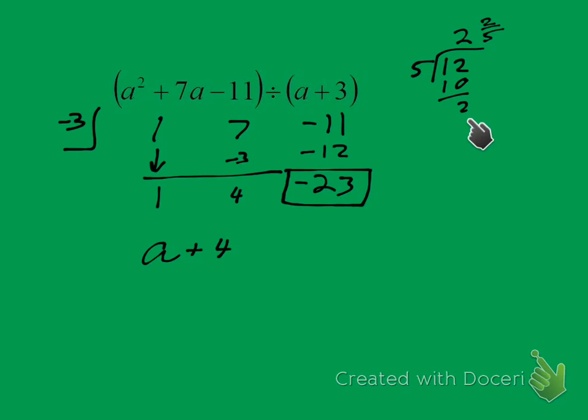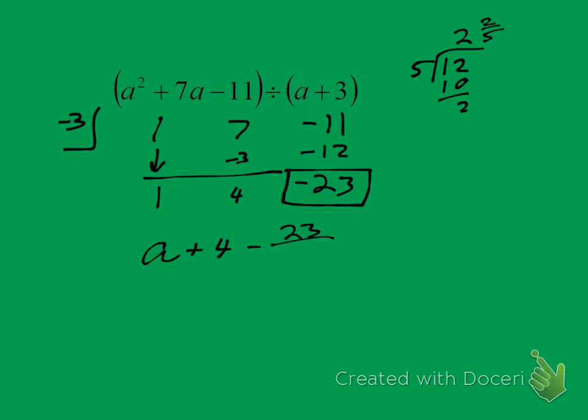Because your remainder was 2 and you're dividing by 5. So negative 23 over, what are you dividing by? Negative 3? Nope.